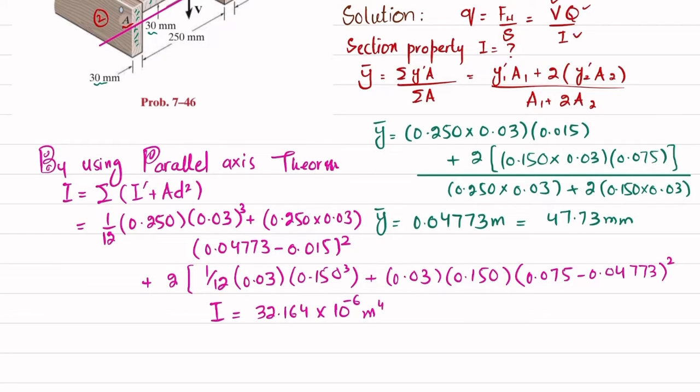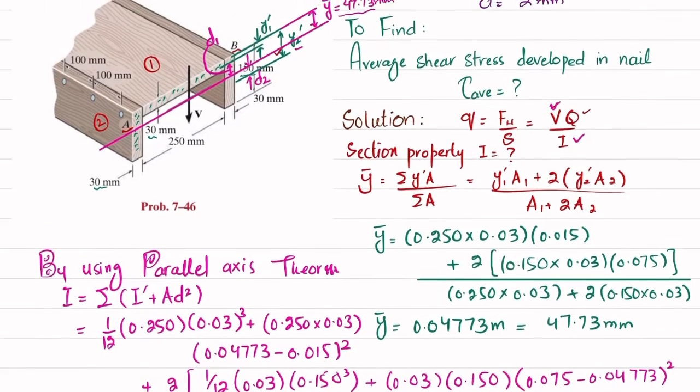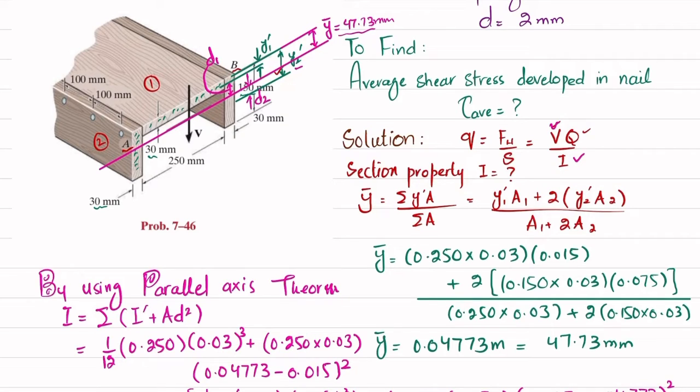Now you have this I, you have V, you do not have Q. So what we will find Q? We know that Q is equal to y dash bar into A. So you can see that this is the shaded portion in which we use this nail to connect with this.